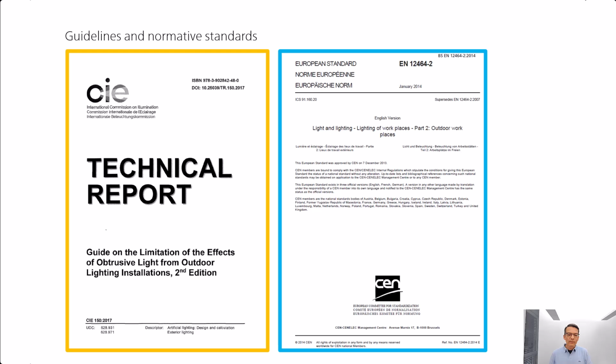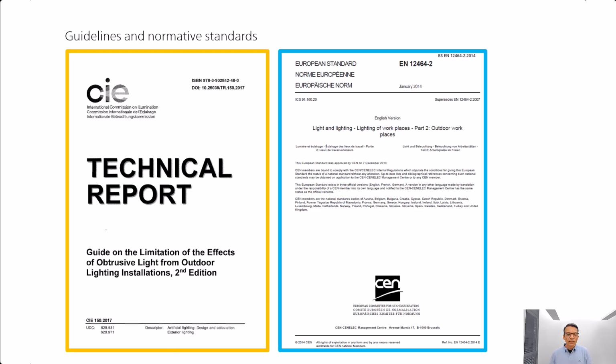In addition, there are also many other requirements and recommendations at national level. Please consider which national requirements may apply to your project apart from the CIE 150 and the EN 12464 Part 2.